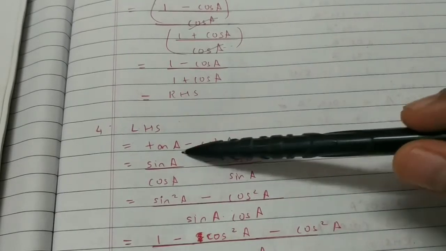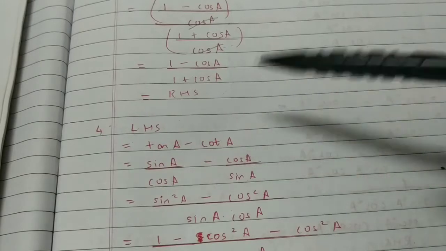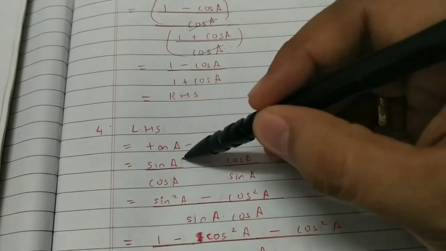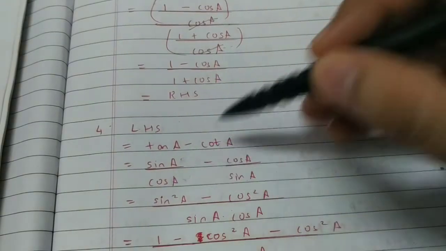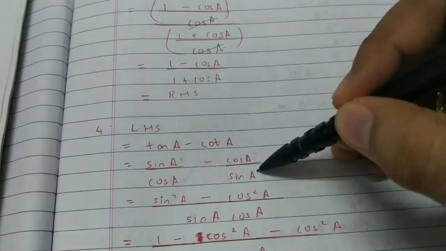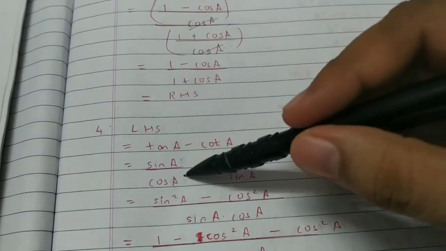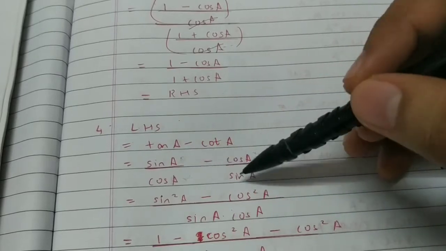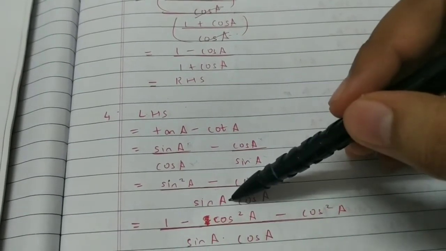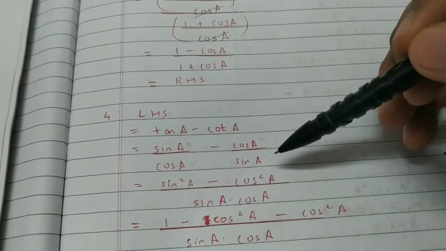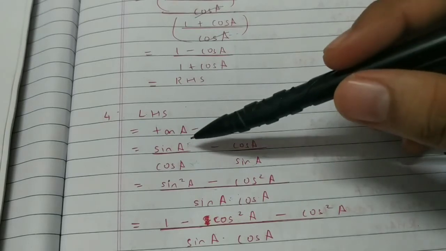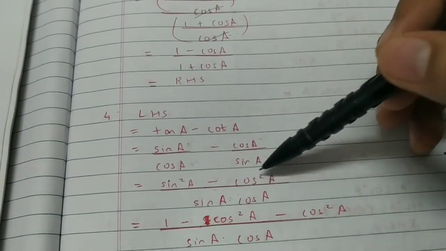They are reciprocals of each other. We'll do LCM. So this will become sine A into sine A, into cos A, so that the denominators will become the same, sine A cos A. The dot means multiplication, by the way. And the numerators become sine square A minus cos square A.